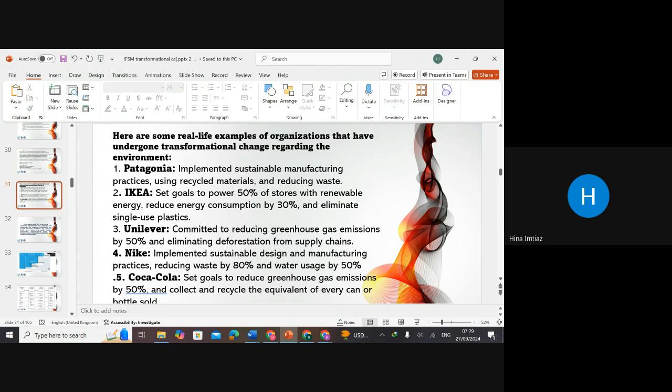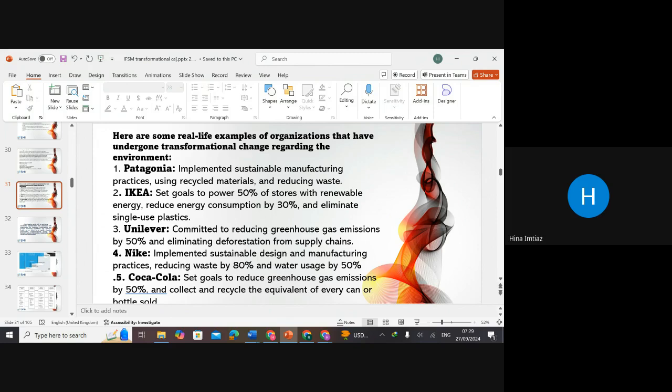IKEA is a Swedish furniture retailer and has made significant strides in sustainability and environmental responsibility. They are claiming that they will be a 100% renewable energy user by 2030, which is very interesting, and that they are improving day by day.